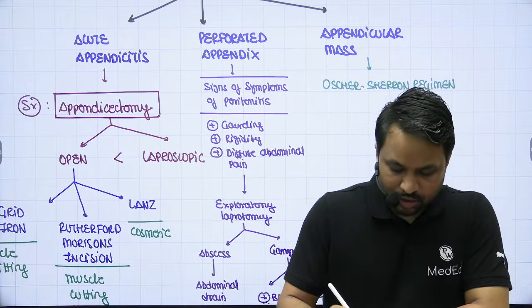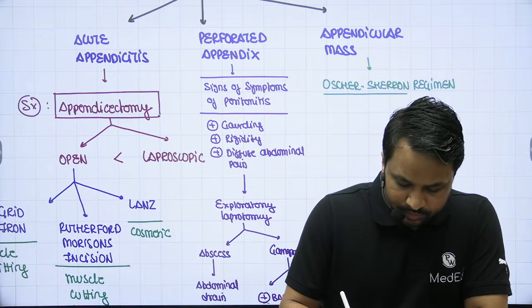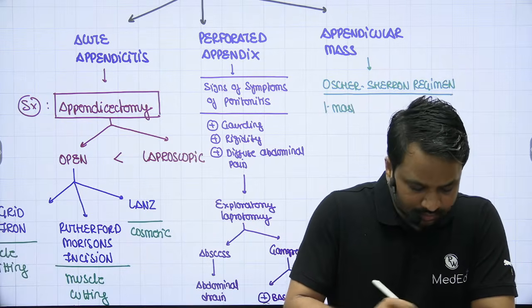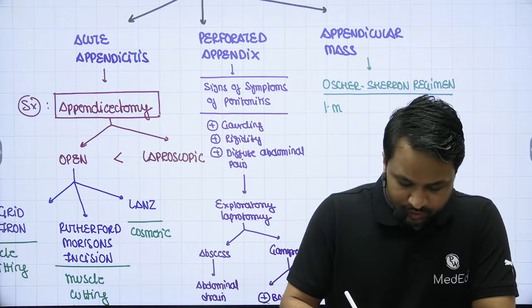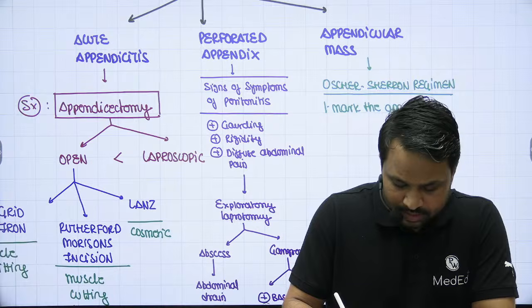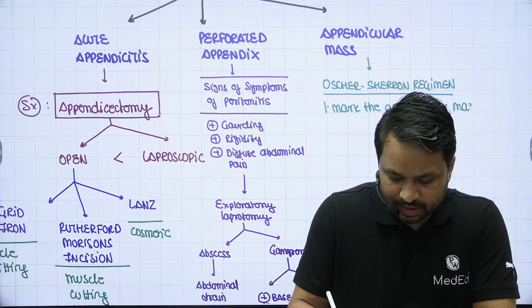Now, what does this Ochsner-Sherren regime basically tell you? First, you have to measure, no? So mark the appendicular mass. See the size and just mark it.